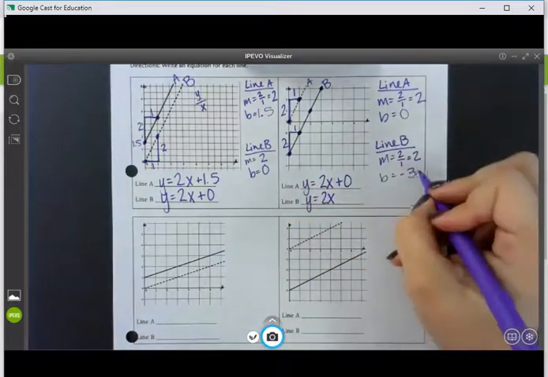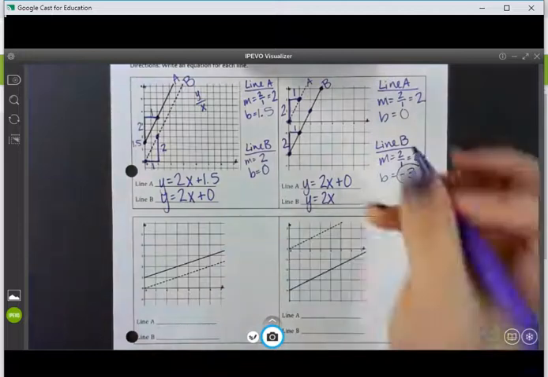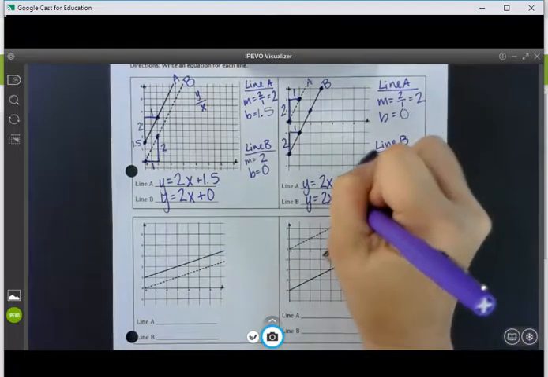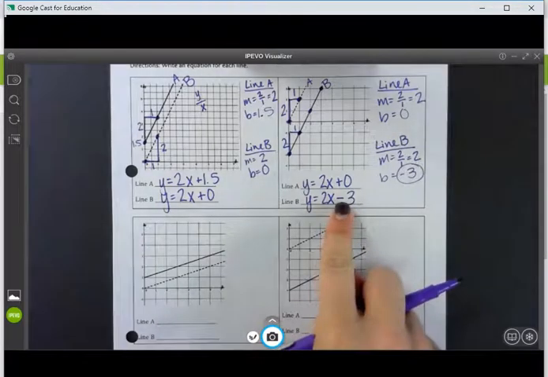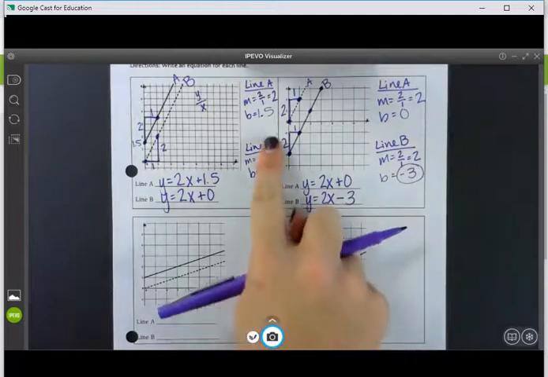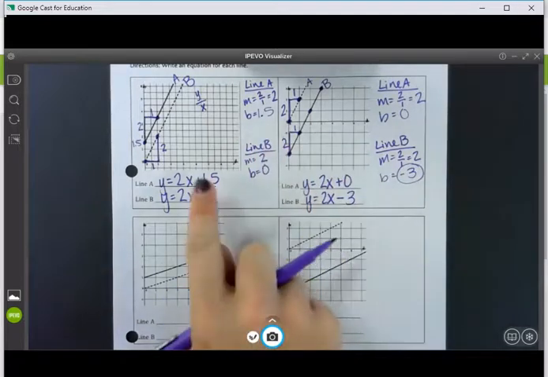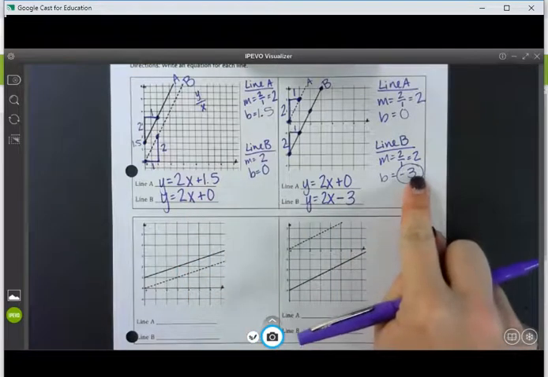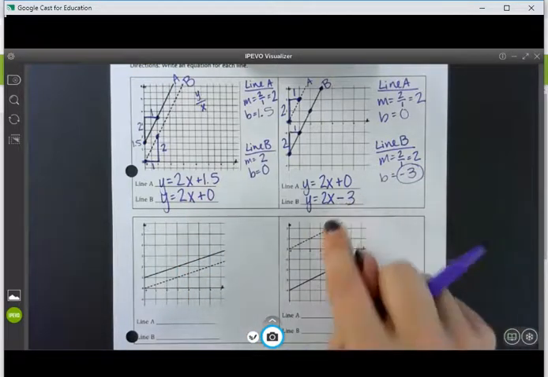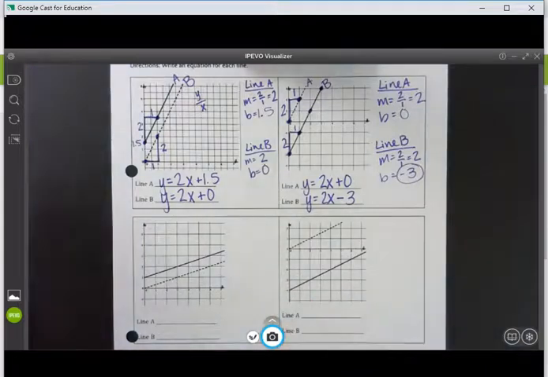Now, since our b value is negative, we're going to put a negative 3 there. Do not put the plus negative 3 there, because we only need to put whatever sign the b is. So notice all of our positive numbers so far have had a plus sign to represent that they're a positive number. But whenever we have a negative b value, we're just going to put minus 3 on there.